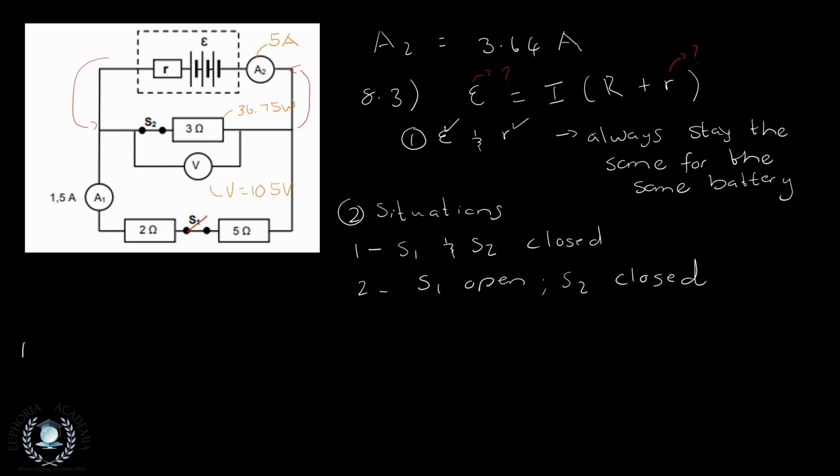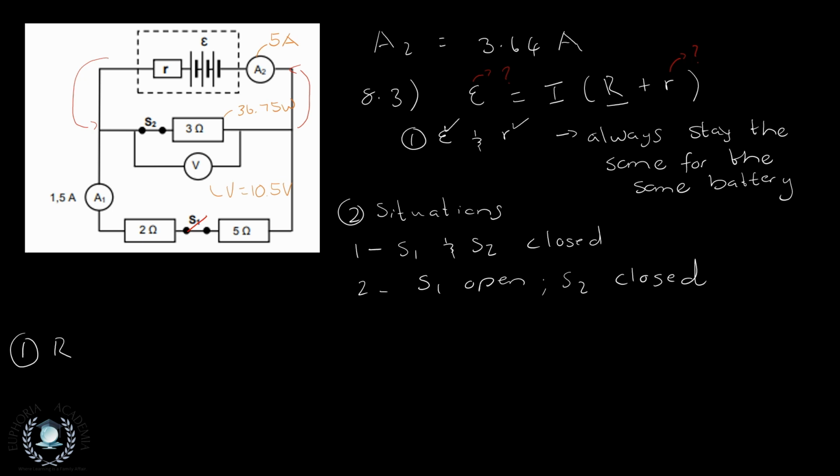All right, so let us go through the first situation. We will have a parallel circuit, so we need to find the resistance across the whole circuit. We need to now start taking things that we do know.